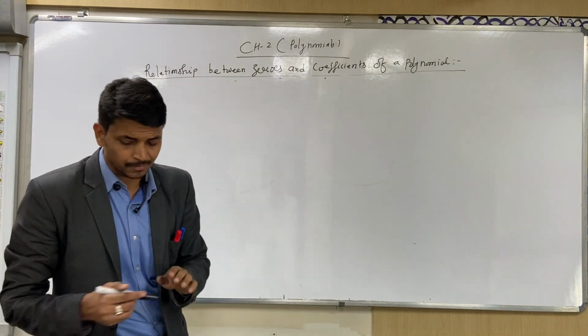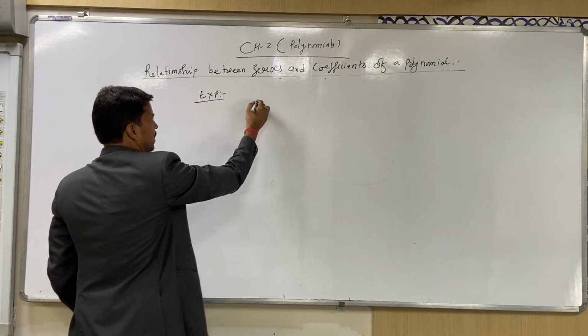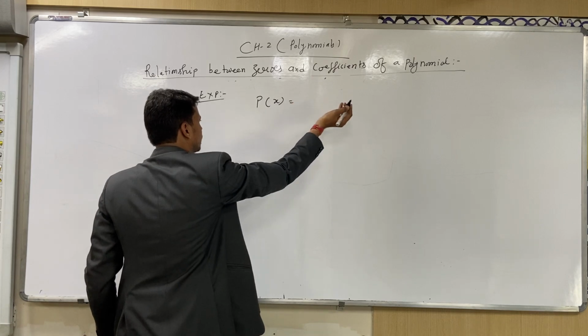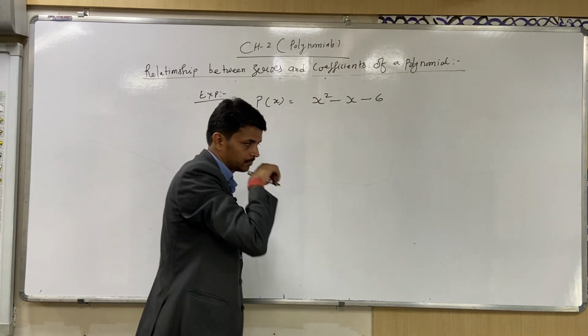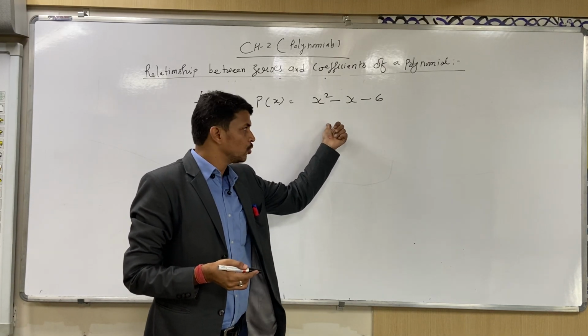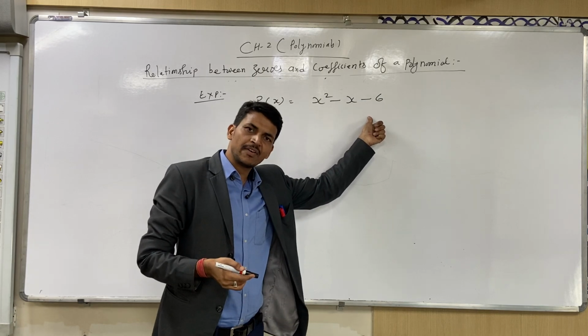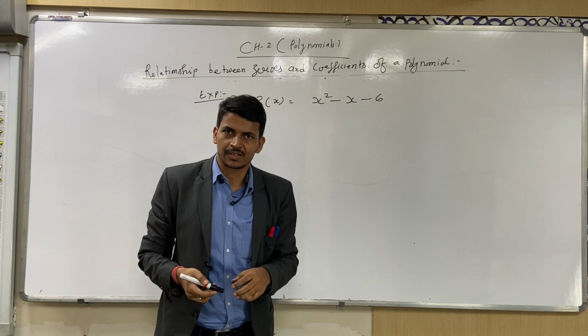I'll take a very simple example. Suppose I'm taking p(x) is equal to x square minus x minus 6. They will ask us to find the zeros of the given polynomial and verify the relationship between zeros and coefficients of it.